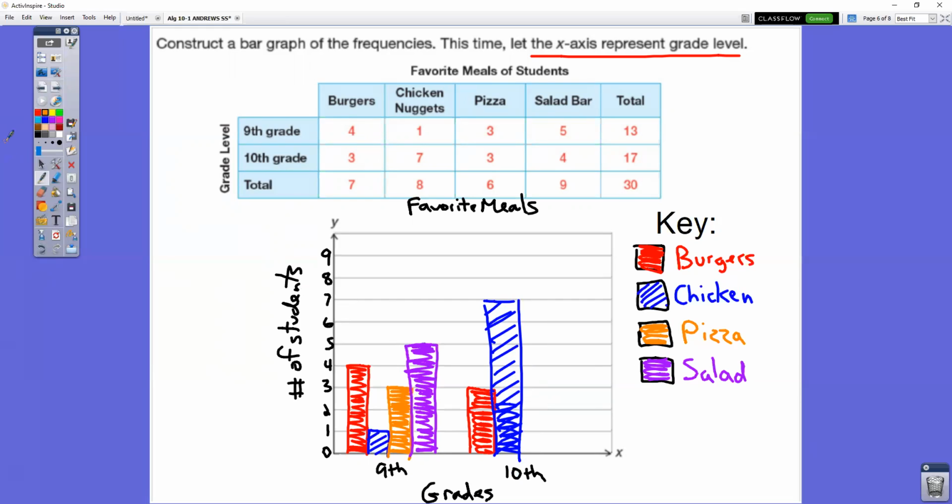For 10th grade pizza, there were 3. And for 10th grade salad, there were 4. And that is our quadruple bar graph.